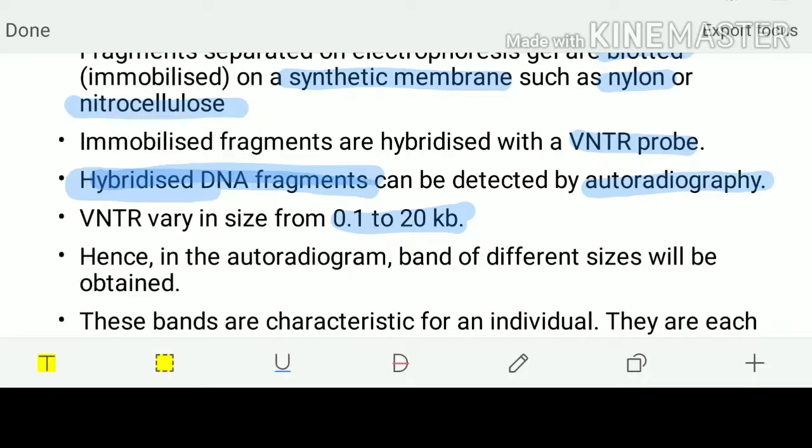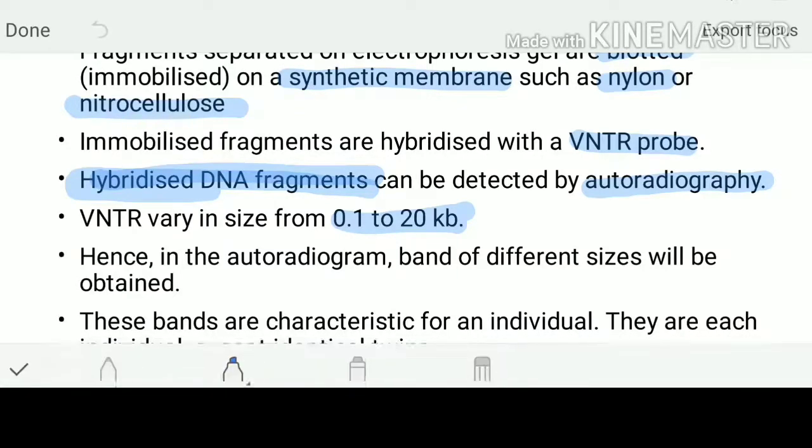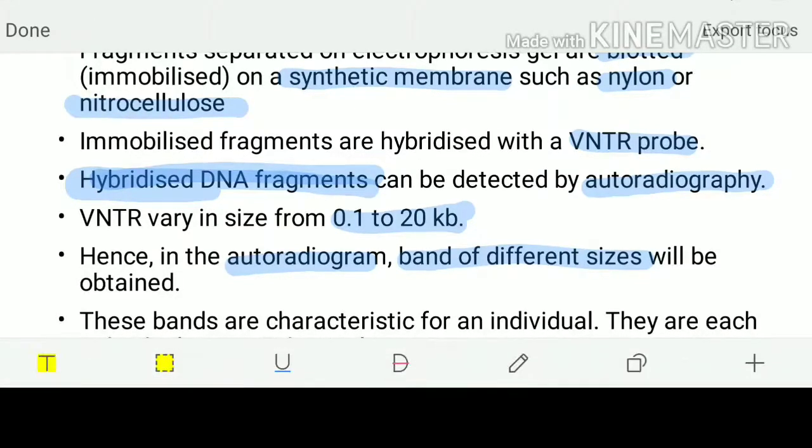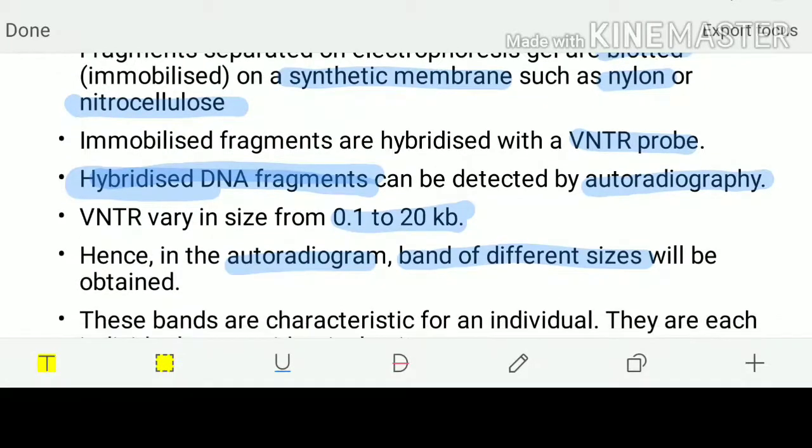Hence, in the autoradiogram, bands of different sizes will be obtained easily, and these bands are characteristic for each individual.